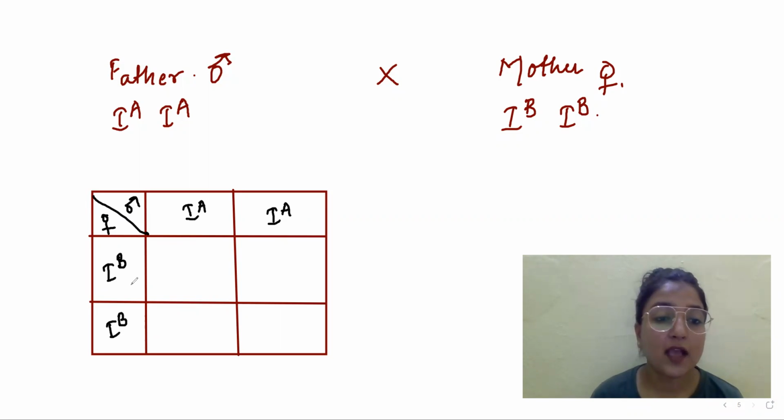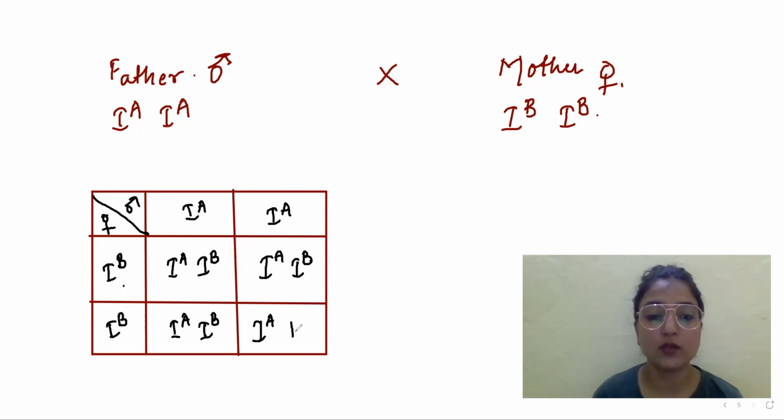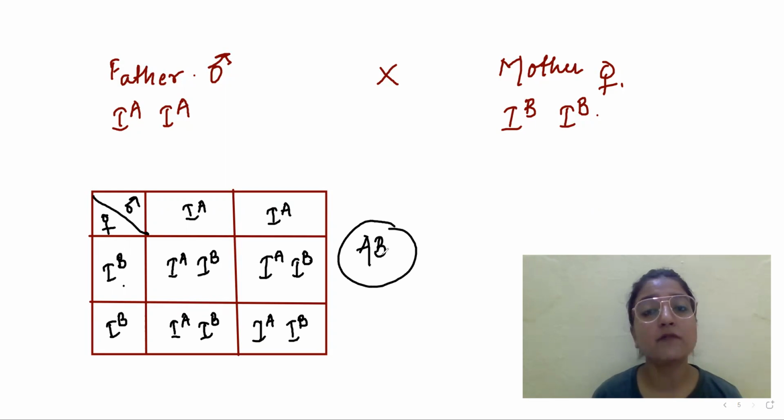So IA with IB gives IAIB. The third possible offspring is IAIB, and the fourth is again IAIB. So all of these possibilities are AB blood group. The possibility of AB blood group in the offspring of these parents is 100%.